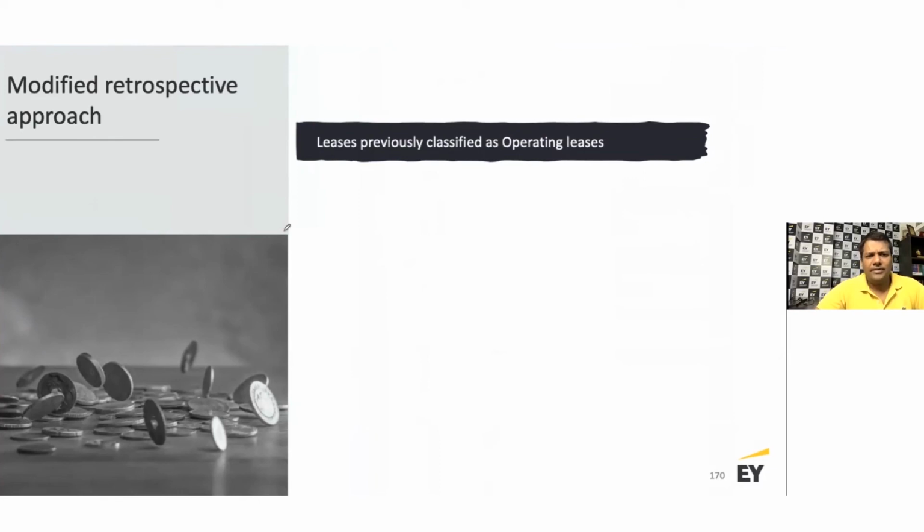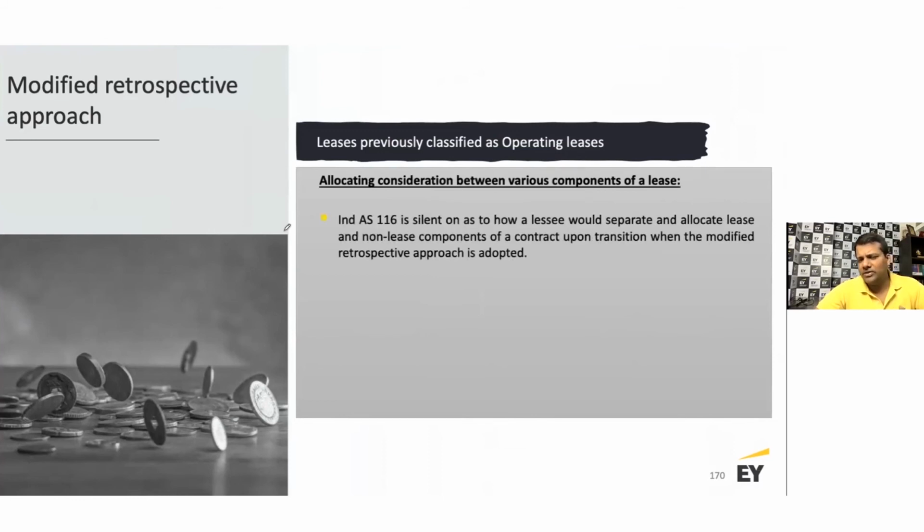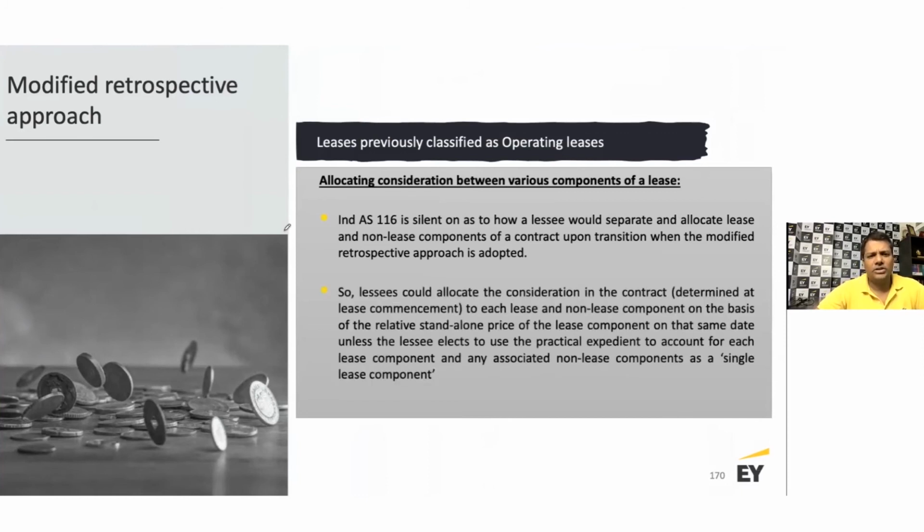Now, if there are leases which were previously classified as operating leases, then you need to allocate the consideration between various components of leases, which is the lease component and the non-lease component. And we talked about how you do this based on the relative fair value methodology, based on the relative standalone selling price.